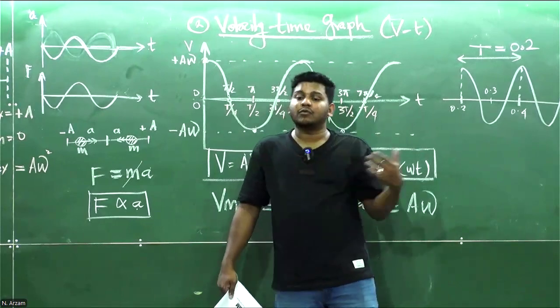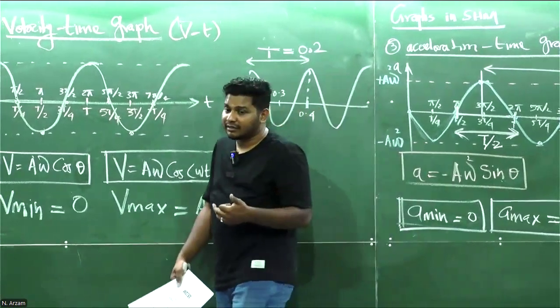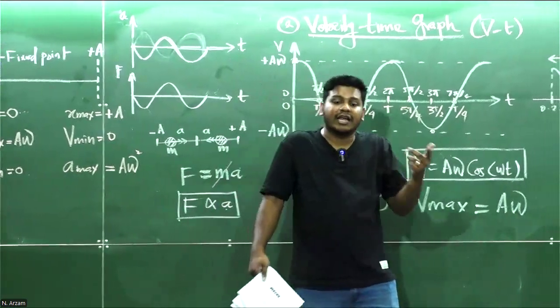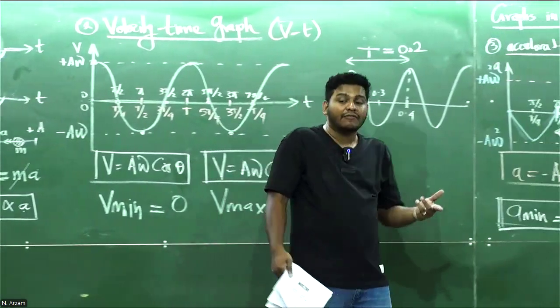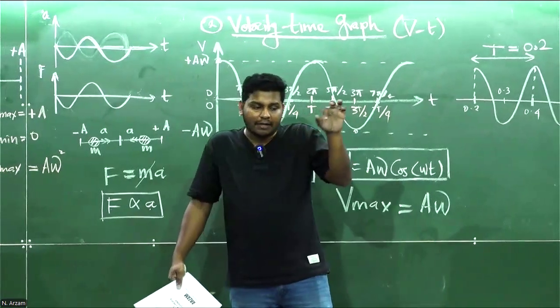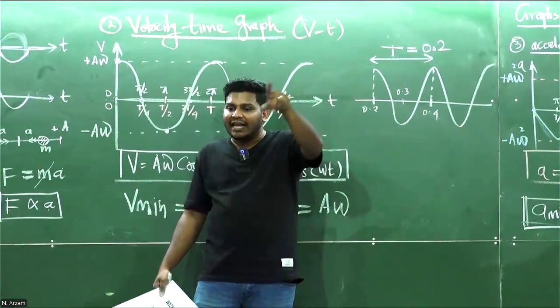After that, we moved to the graph section. What are the graphs we discussed? The x-t graph, displacement time graph, velocity time graph, acceleration time graph, and also the acceleration displacement graph. The displacement time graph is like a sine curve.